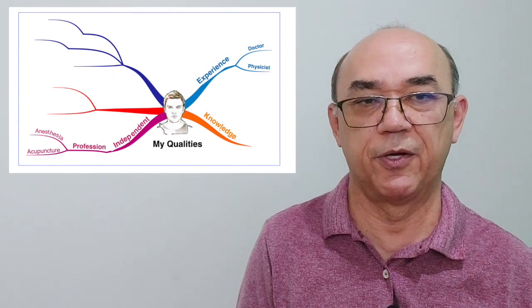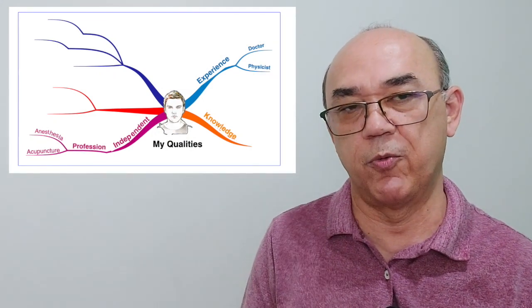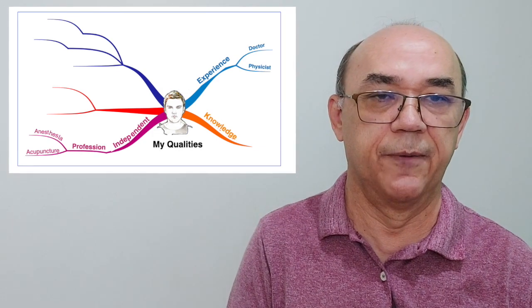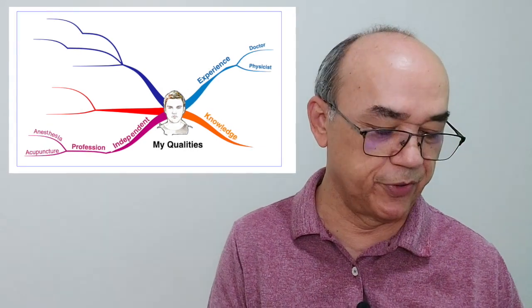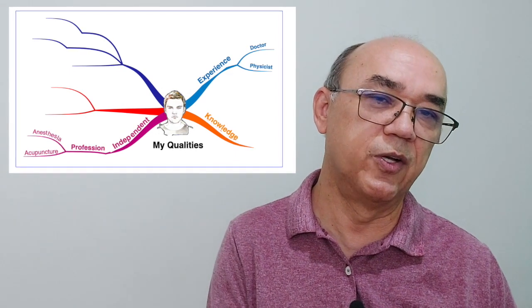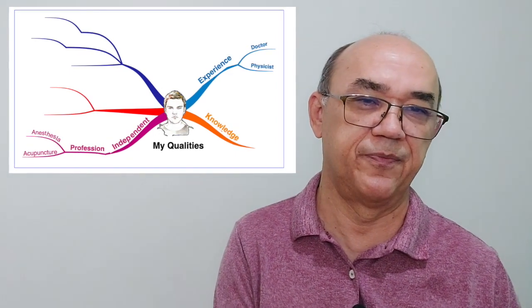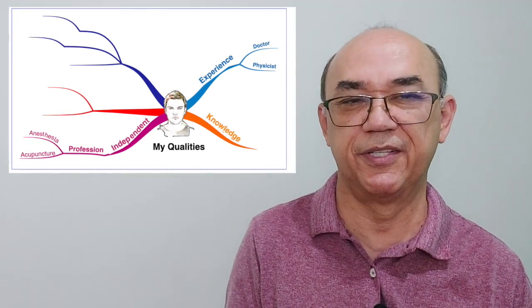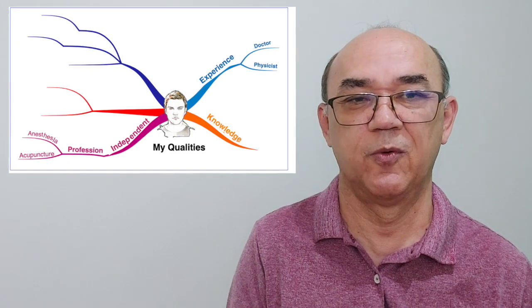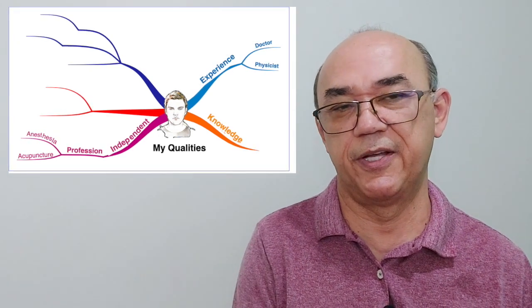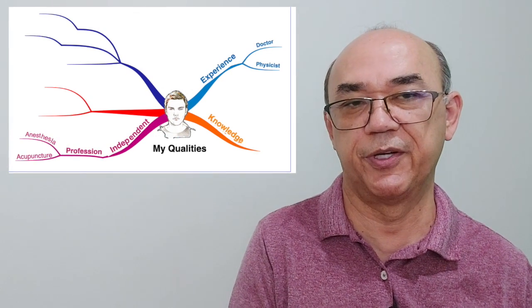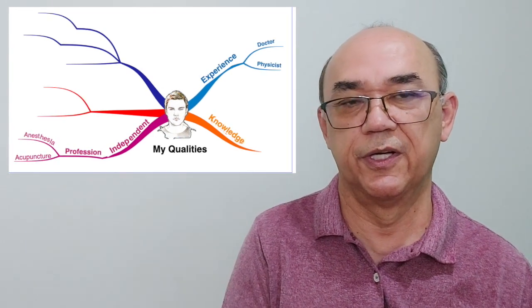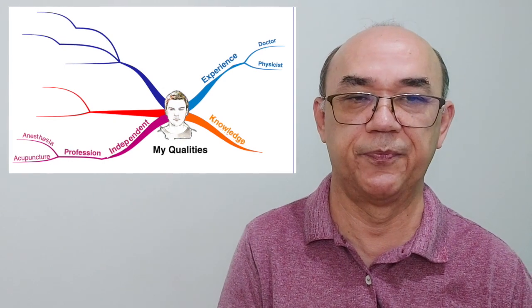Okay, so now I will show you the map that I did for myself, writing the qualities either that I have or the qualities that I want to have. And showing you also that on one of the branches, you see on the 3rd branch, I wrote independent, which is not right. Why is it not right? Because independent is an adjective, and I should avoid writing adjectives on the primary branches.